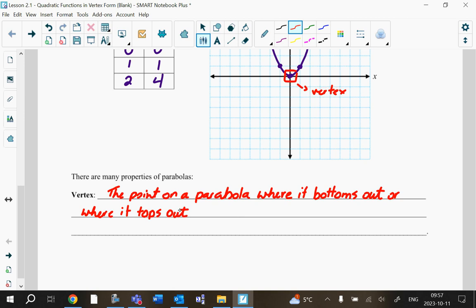Instead of bottoms out, we'll often use this word, minimum. It's the lowest point of the parabola if it's right side up. If it's upside down, it's the highest point or the maximum. That's the word maximum.